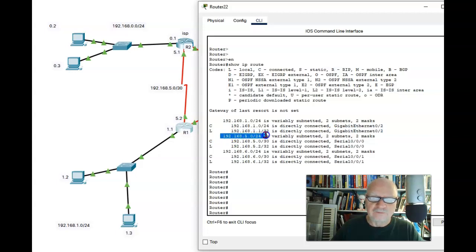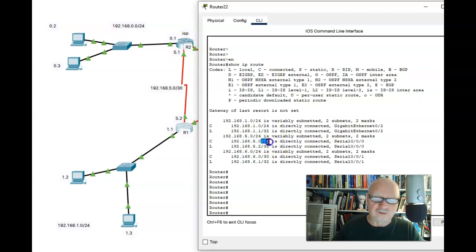Now it knows about the 5 network. That's this one up here between router 1 and router 2. And notice that it says /24, even though this is a /30. That's because its classful address would be /24, but it's been subnetted into a 192.168.5.0/30 because I only needed 2 addresses, and this is how I can get 2 addresses, the 5.1 and the 5.2.